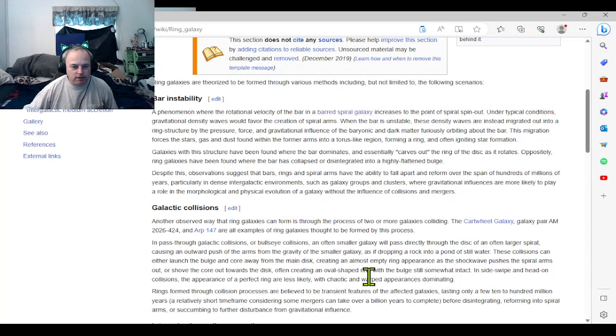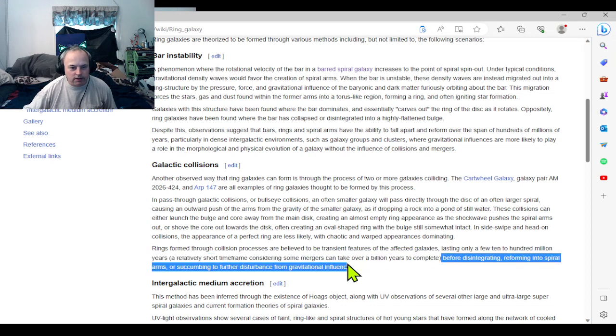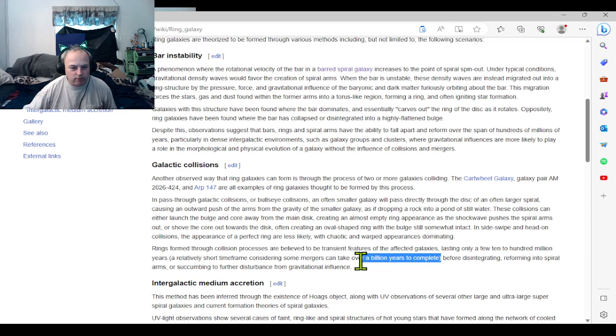Inside swipe and head-on collision rings are formed through the collision process. So this one also talks about, of course, it takes billions of years to complete. It's a short time frame, but it can take over billions of years to complete.